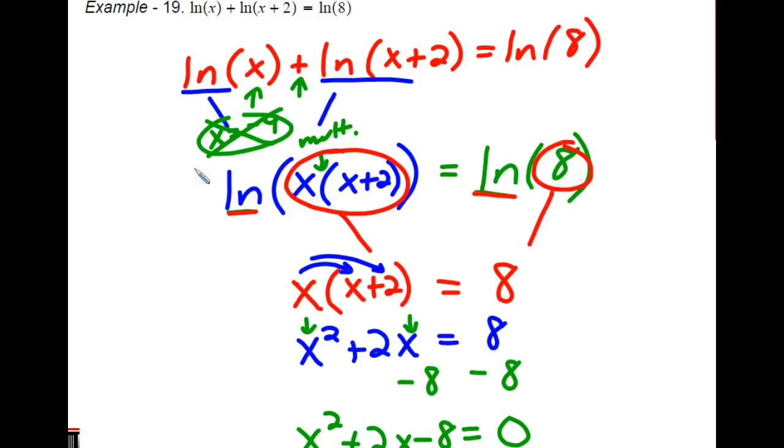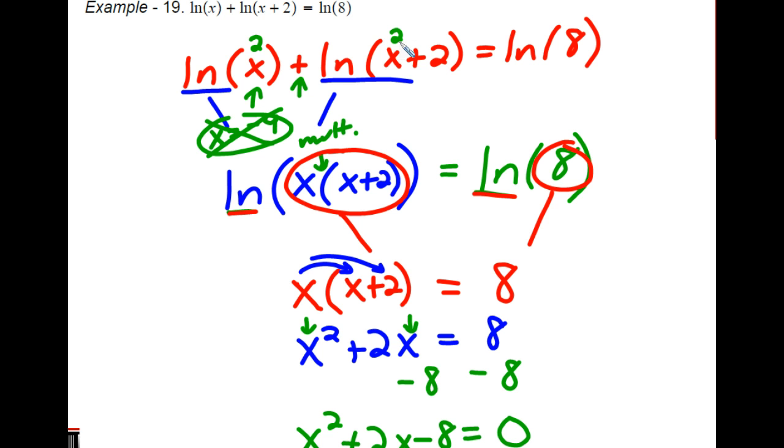And you can double check that for yourself. If you plug in 2 for x, it's going to be a little bit tricky because you'll have natural log of 2 plus the natural log of 4. And then you have to add them together. When you do that, you multiply the 2 and the 4 together and you get 8. And so you get natural log of 8 equals natural log of 8. The other thing you could do is plug it in your calculator, right? If you plug in 2 here for x and you plug in 2 here for x, the natural log is another logarithm that's on your calculator.